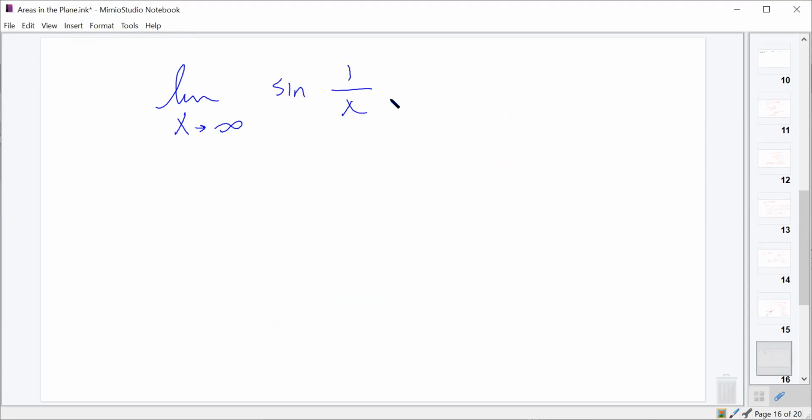So as x goes towards infinity, 1/infinity is what? 0. So if 1/infinity is 0, this is just the limit as x approaches infinity of the sine of 0, which is just 0.